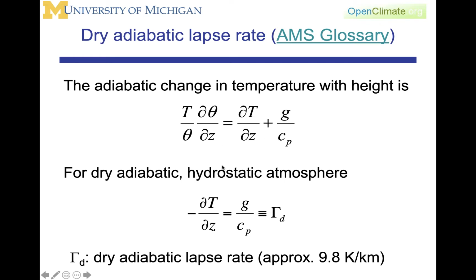We saw that for a hydrostatic atmosphere that was dry adiabatic, d theta dz was equal to 0. Hence, dT dz is equal to minus g over C_p. And this g over C_p is called the dry adiabatic lapse rate, and that is approximately 9.8 or 10 Kelvin per kilometer.